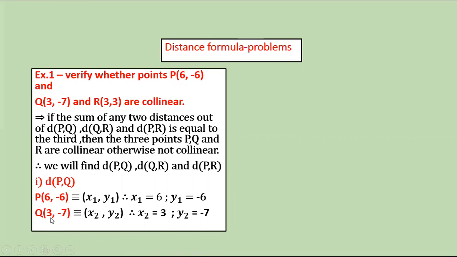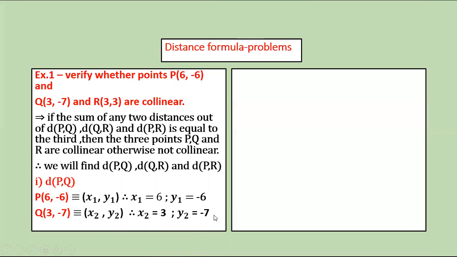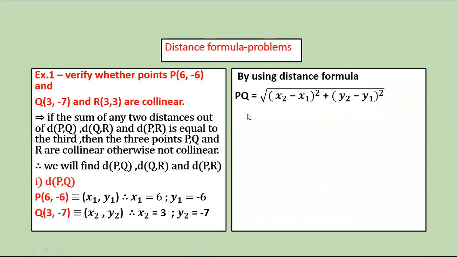And point Q, coordinates (3, -7), consider as (x2, y2). Therefore x2 is equal to 3, y2 is equal to -7. By using the distance formula to find distance PQ: PQ is equal to square root of (x2 minus x1) squared plus (y2 minus y1) squared.